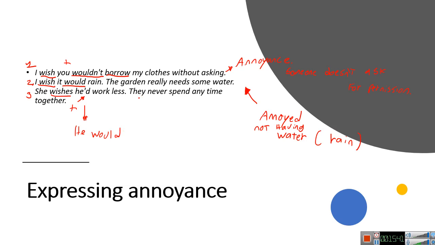They never spend any time together. What is annoying in that sentence, Lauren? That they never spend any time together. Perfect. Yeah, that's right. So that's annoying for the speaker.